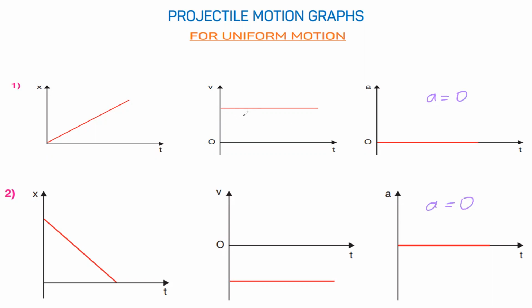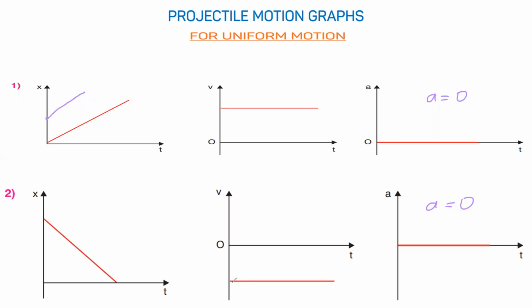But velocity is constant. You have two options. Velocity is positive or negative. If velocity is positive, your position changes positively. So you are changing position from 0, but it depends on the reference point, where you are starting. From 0, it just increases. Maybe you start from this point, of course, also increasing, but the position change is positive.